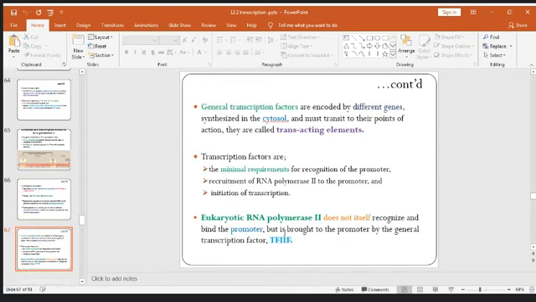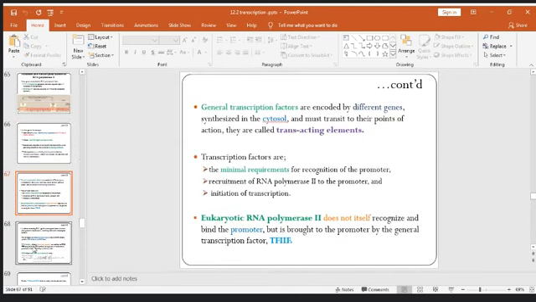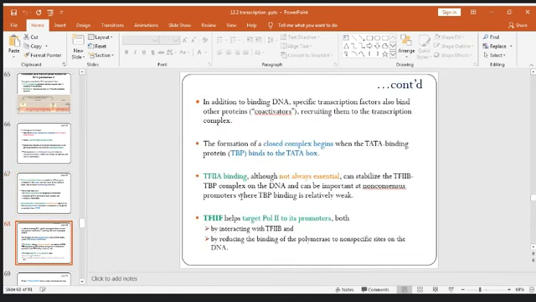RNA polymerase 2, sorry, because there are gene regions for RNA polymerase 2. In addition to binding of DNA, specific transcription factors also bind other proteins.